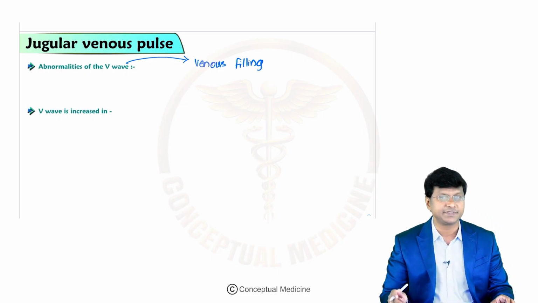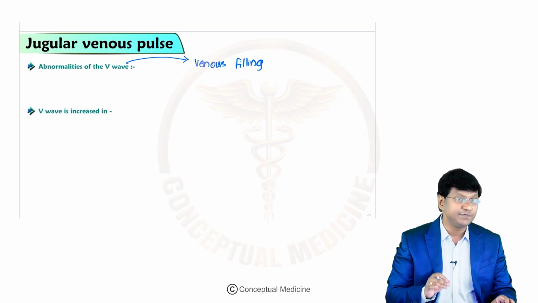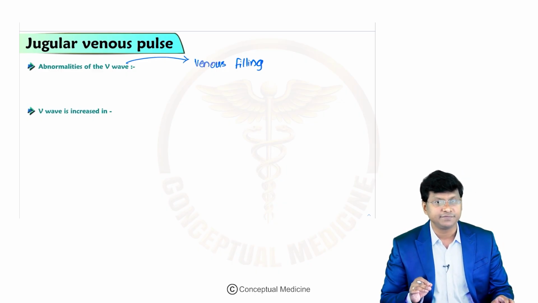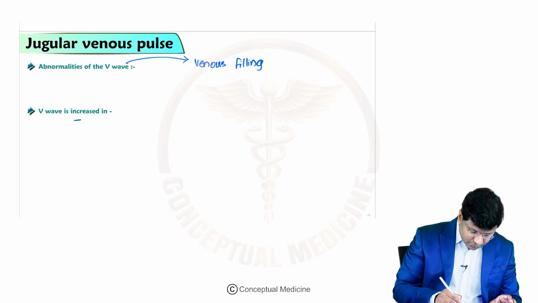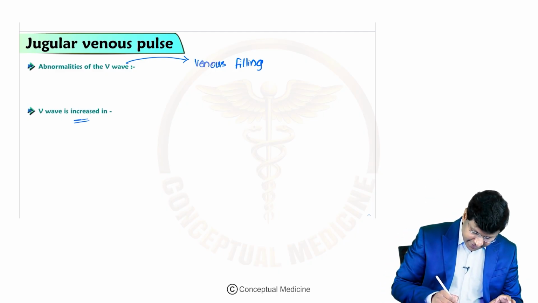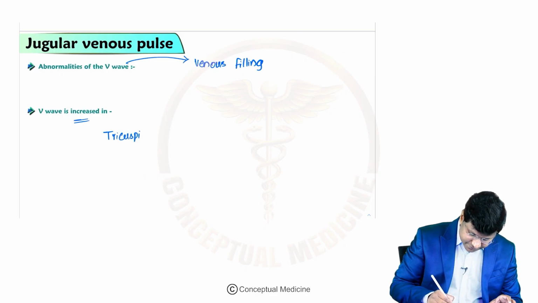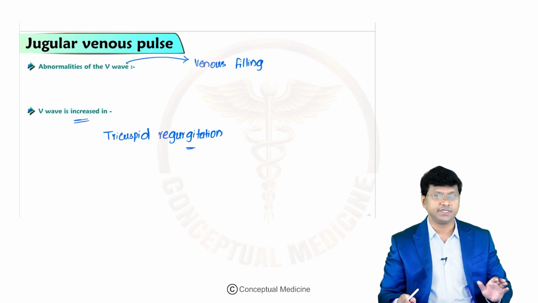If you see the abnormalities of the V wave, we have one particular scenario where the amplitude of the V wave will be increased. And where do you have that? You will have that in patients with tricuspid regurgitation. So in tricuspid regurgitation, the V wave is increased.